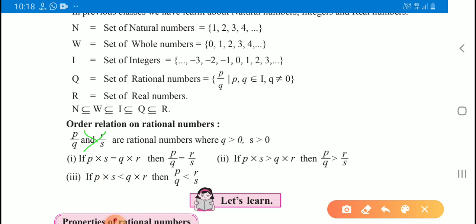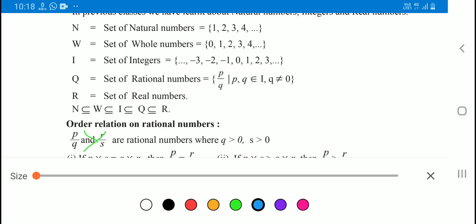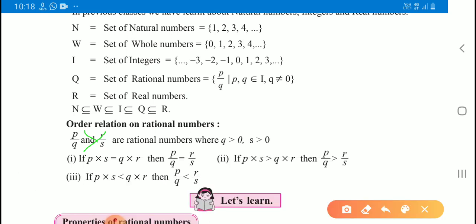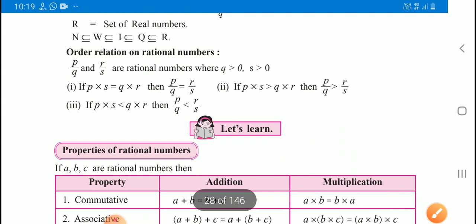So P into S is equal to Q into R, then you can write P upon Q is equal to R upon S. Next is the second one, P into S is greater than Q into R. Then you can write P upon Q is greater than R upon S. And now the last order relation, that is P into S is less than Q into R. Then you can say that P upon Q is less than R upon S. This is the order relation of rational numbers.